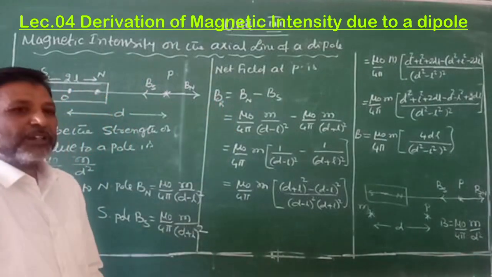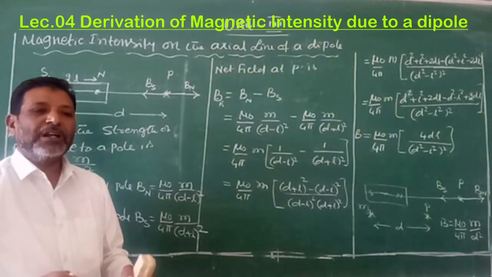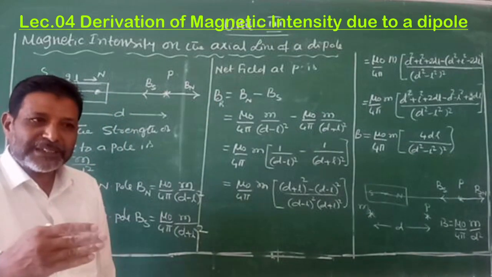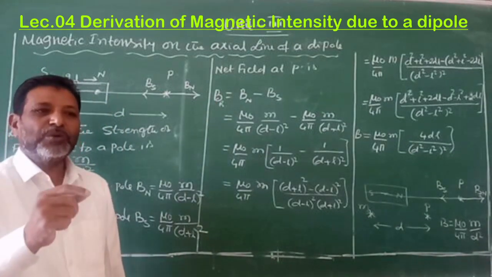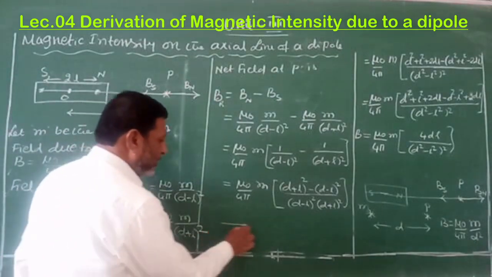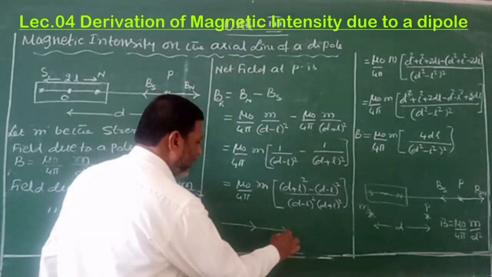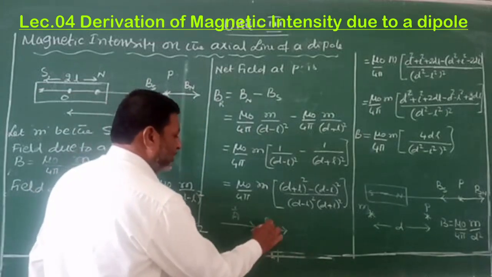Now, you have already studied in your lower classes that if two vectors are along the same direction, then the resultant value is equal to the sum of those two. Let us consider one vector A bar and another B bar.